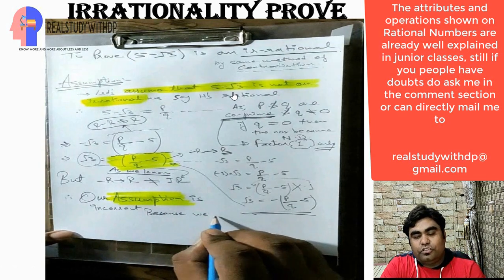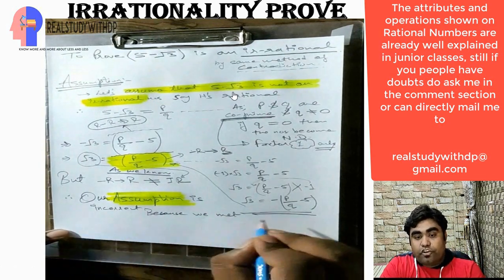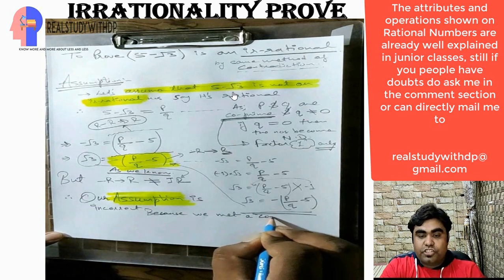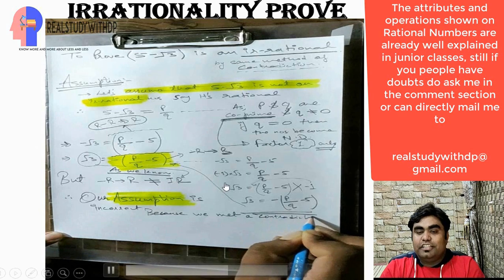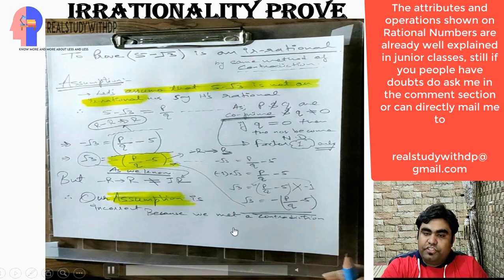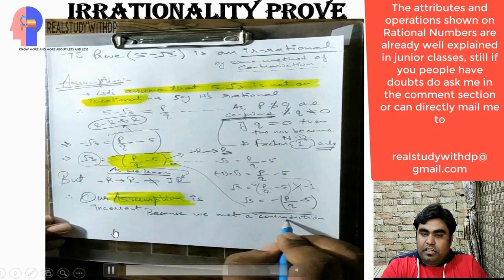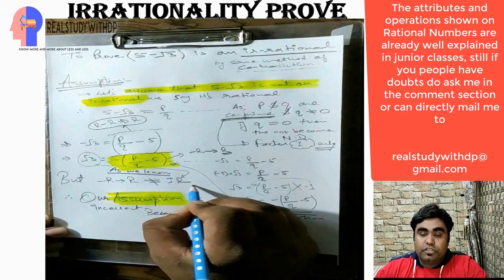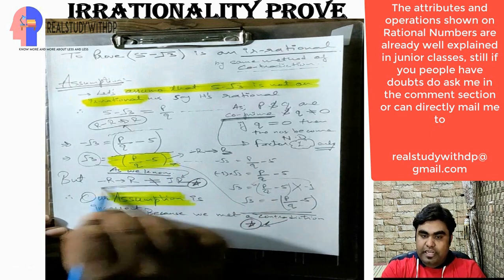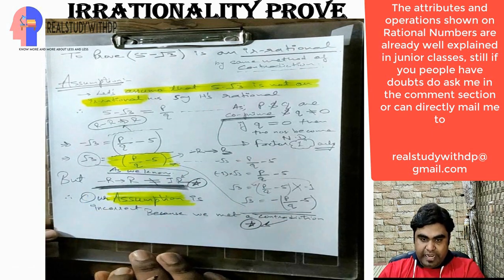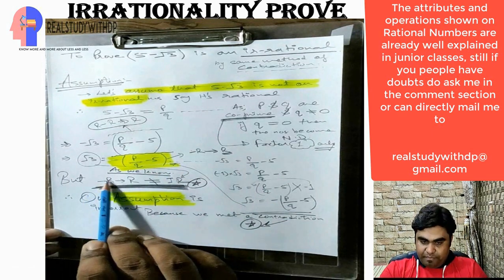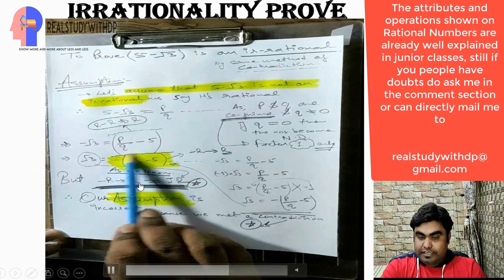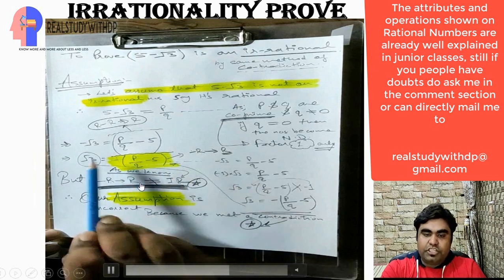Rational cannot be equal to irrational, or vice versa. So our assumption is going to be totally incorrect. Whatever we have assumed, that 5 minus square root of 3 is not an irrational, is incorrect now. And we have met with the contradiction.